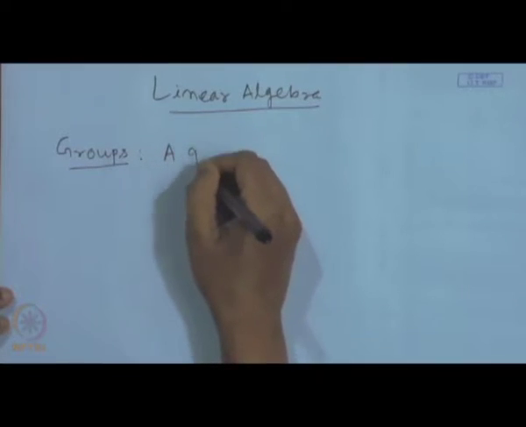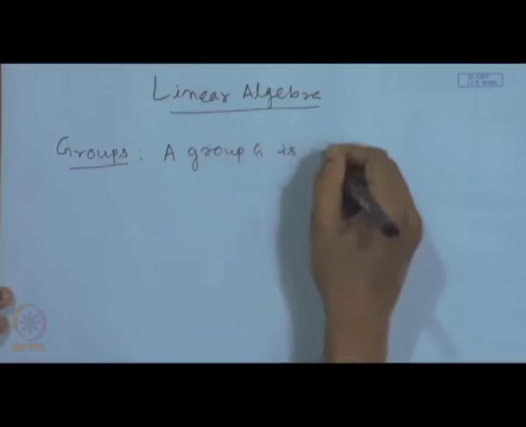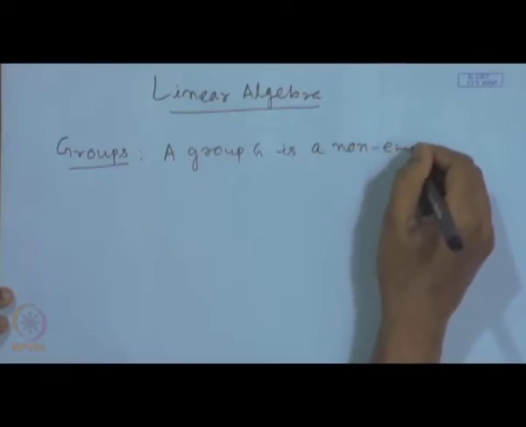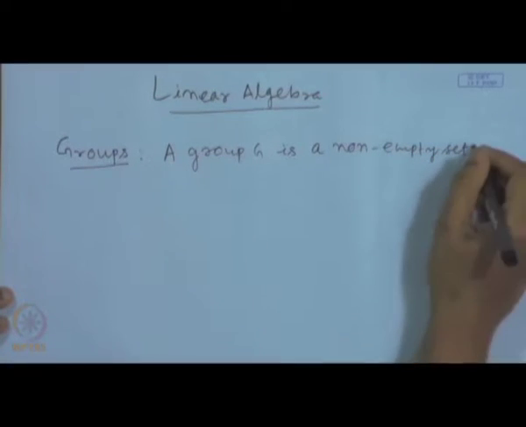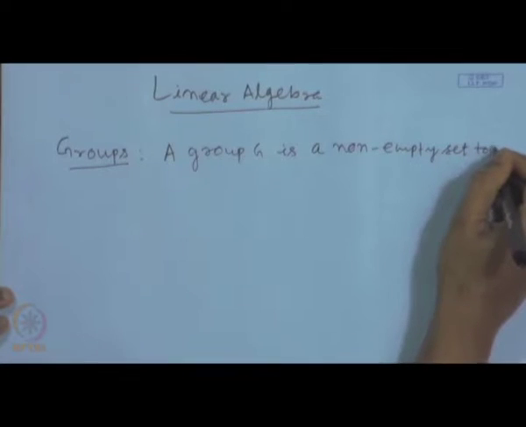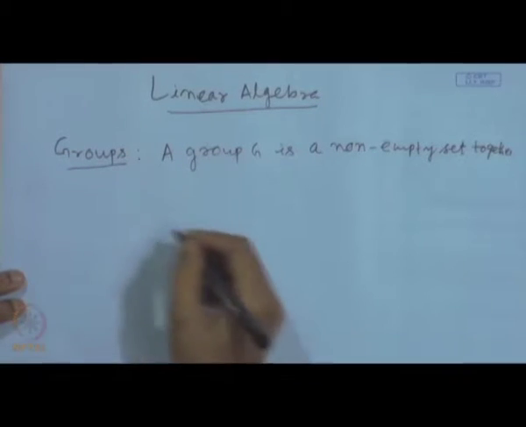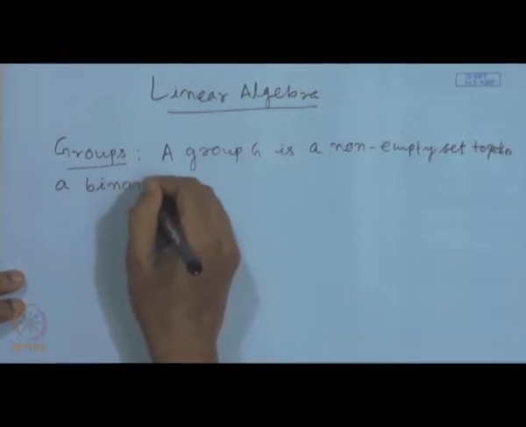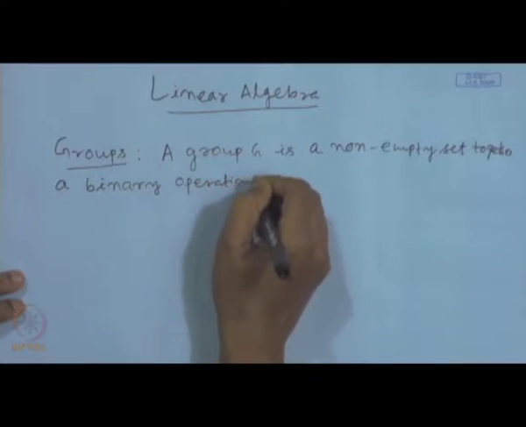So, a group G is a non-empty set together with a binary operation star.